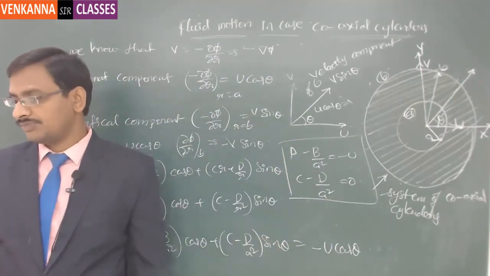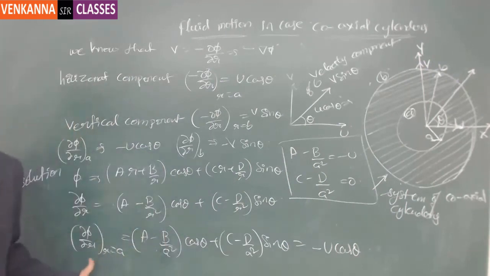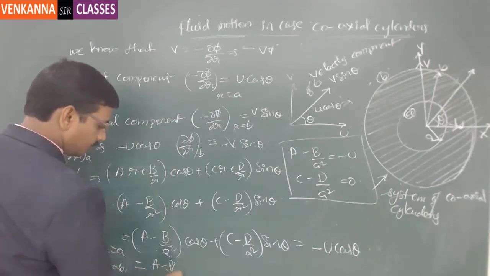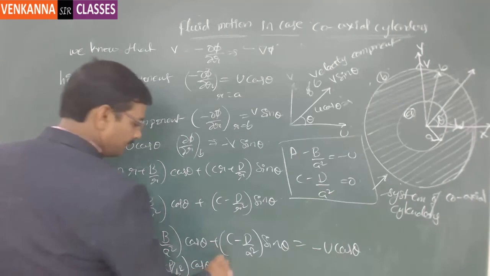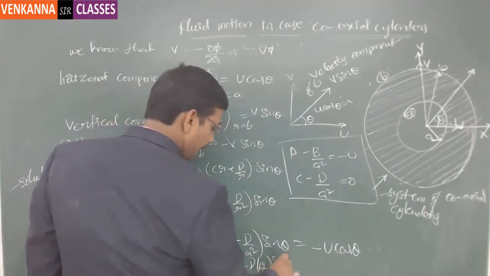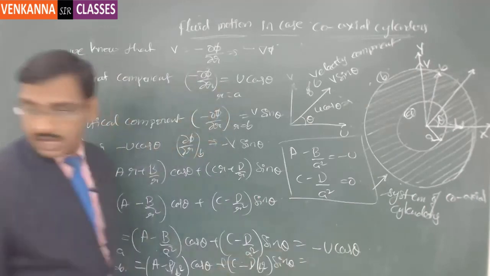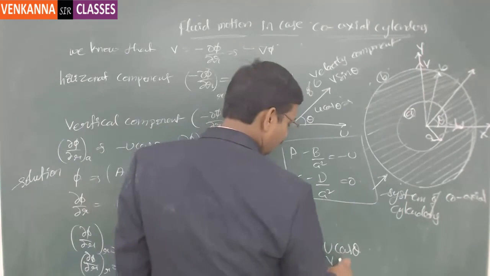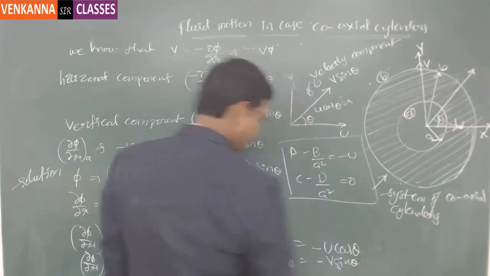This is one set. Similarly, if you put r equal to b, that is ∂φ/∂r at r equal to b, this will be (A − B/b²) cos θ + (C − D/b²) sin θ, and this value should be equal to minus v sin θ, right?